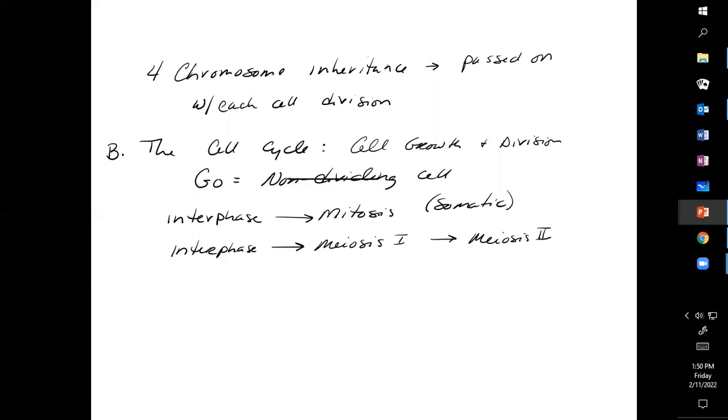So two divisions. In somatic cells, we have interphase followed by mitosis. In sex cells, we have an interphase followed by meiosis 1 and meiosis 2. Mitosis and meiosis are really where the chromosomes get divided up. These are sex cells or gametes.